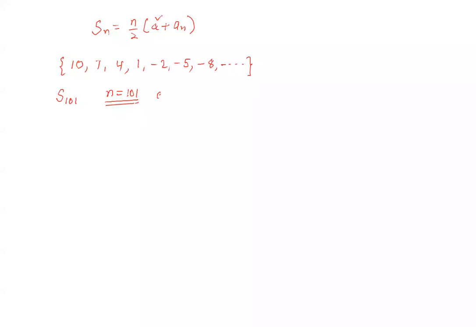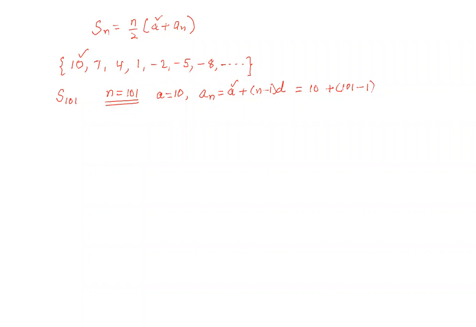Now, what is your A? A is the first term in the sequence, or A1, which is 10. What is A sub n? Remember, A sub n is A plus (n minus 1) times the difference. So here, A is 10 plus (n minus 1), n is 101, minus 1, times the difference.